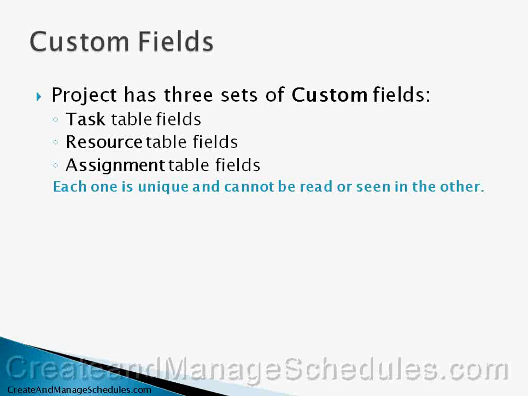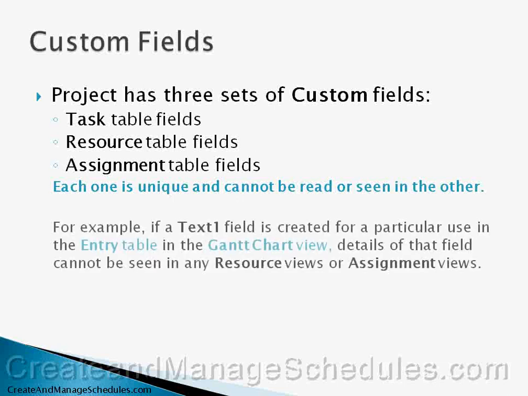Each one is unique and cannot be read or seen by the other. So for example, if a text1 field is created for a particular use in the entry table in the Gantt view, details of that field cannot be seen in any resource views or assignment views.